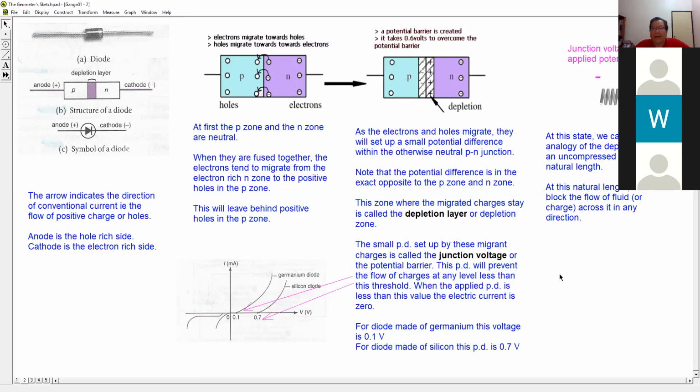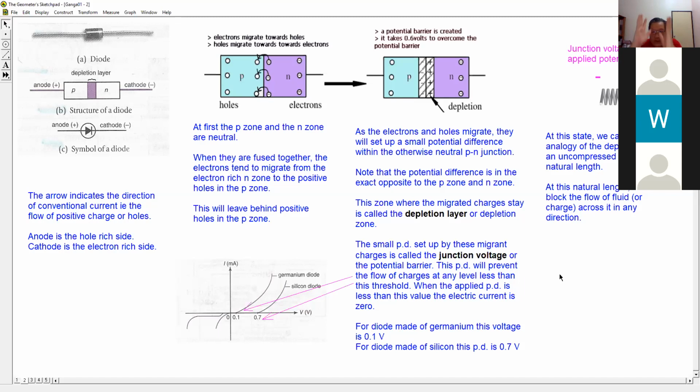So, sir, the potential difference is formed because of some electrons at the P type and some holes at the N type. No, no, no. The potential difference is due to the migration of electrons. From this side, the electrons move to this side. Then all the holes start to appear on the other side. So that means there is a potential difference there.